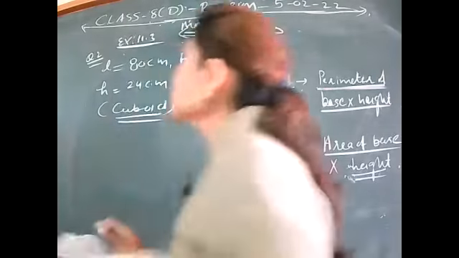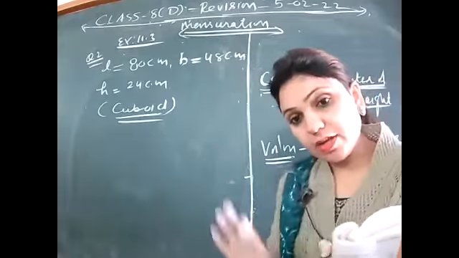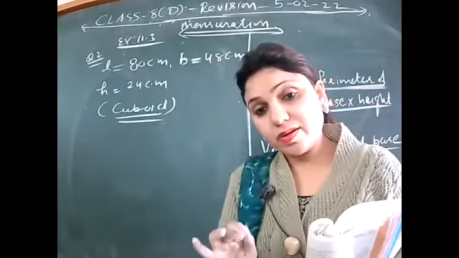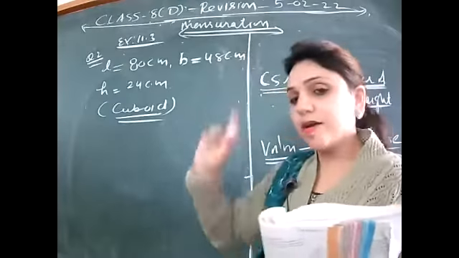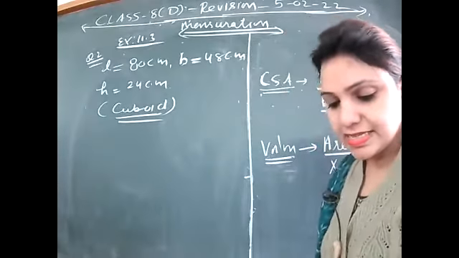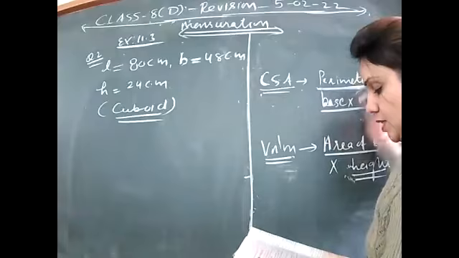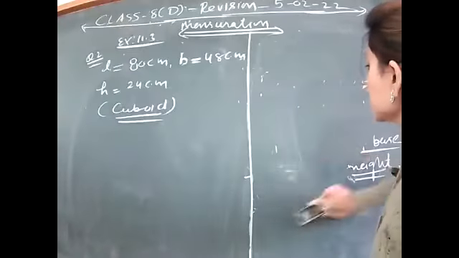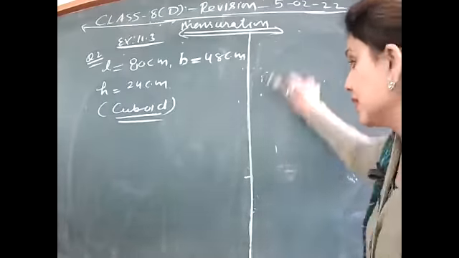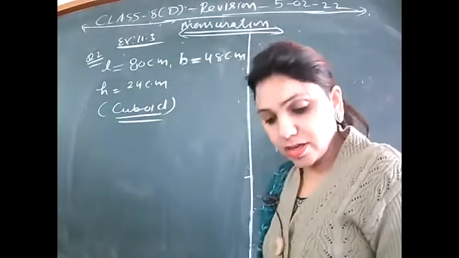The first detection is to detect, with the help of whatever mathematical information is available, what kind of figure it is, a cuboid. He says this is to be covered with tarpaulin. We have to cover this suitcase with tarpaulin from all sides.